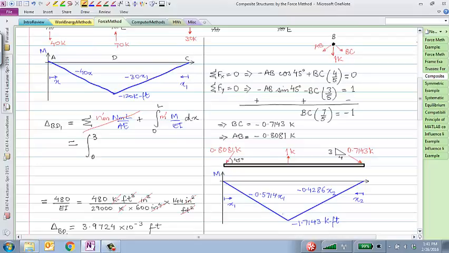So now the virtual moment, we have minus 0.4 x1 times the real one, which is 4x over EI. And then plus from D to C, we have 2, 4.